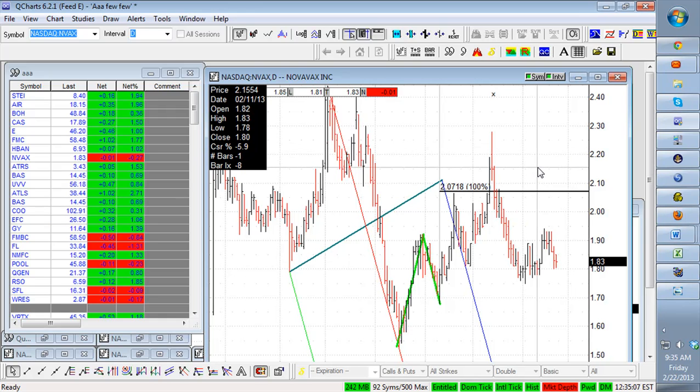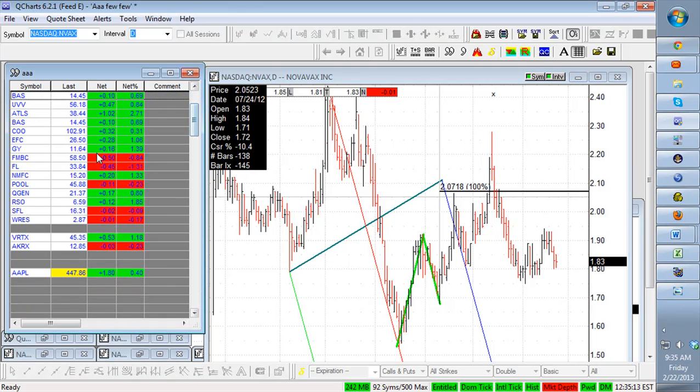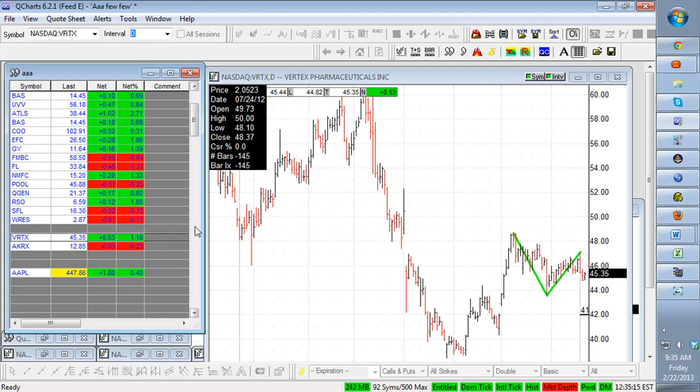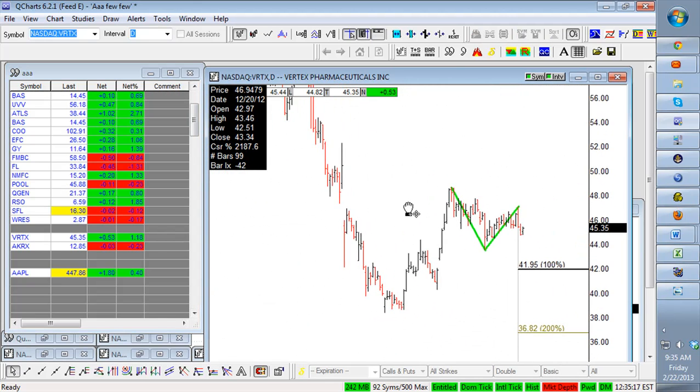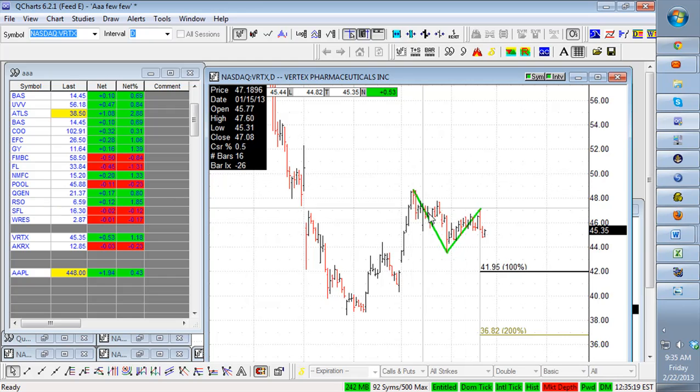Now, let's move on to risk-reward ratio. Okay, so right here we have this, and what we're going to use is the 100% marker for a reference. And we see, okay, if we go short here, let's say at around 46, target's around 42 for the 100% target, right?